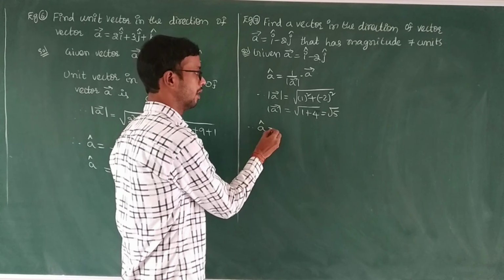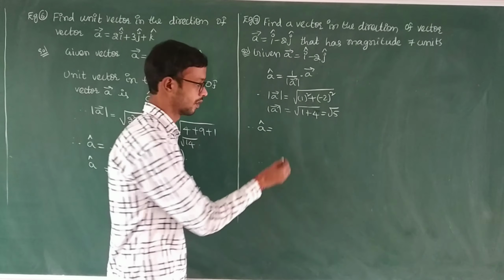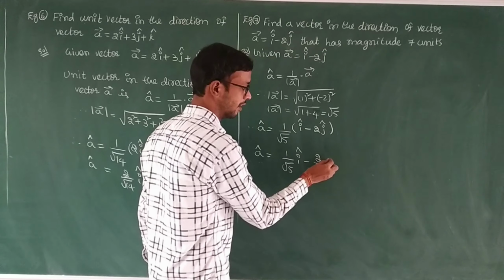Therefore A cap is equal to 1 by root 5 into i cap minus 2j cap, so A cap is 1 by root 5 i cap minus 2 by root 5 j cap.